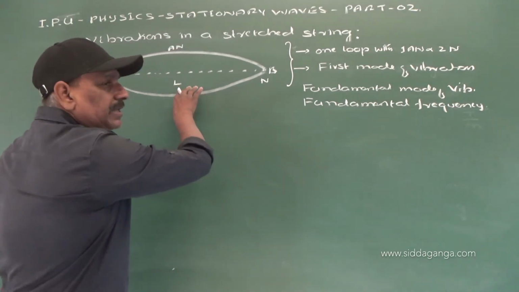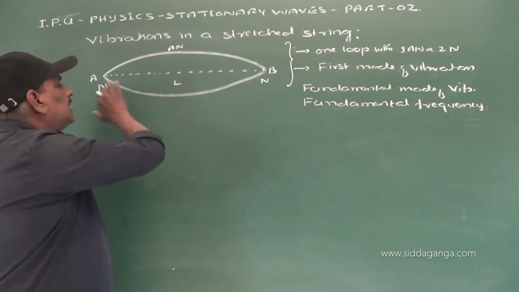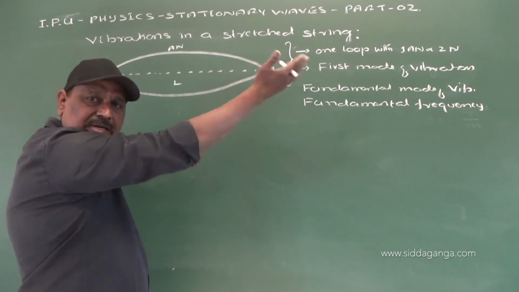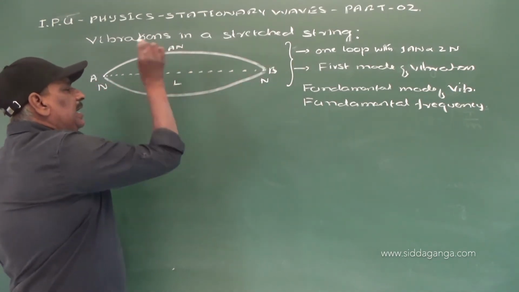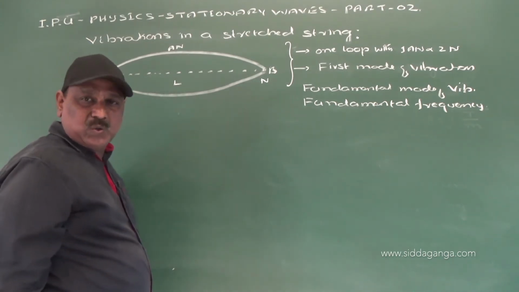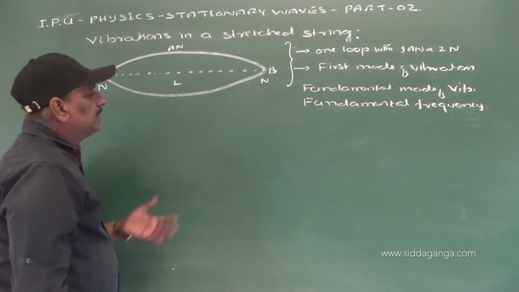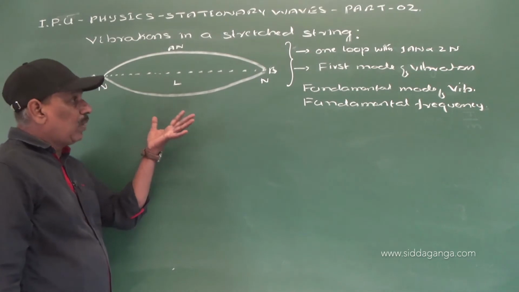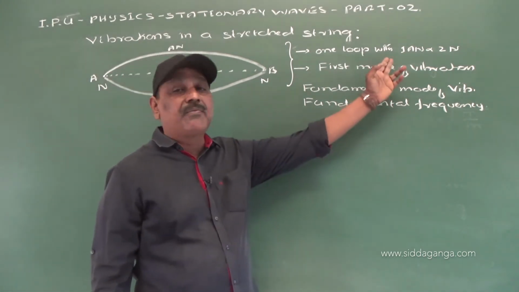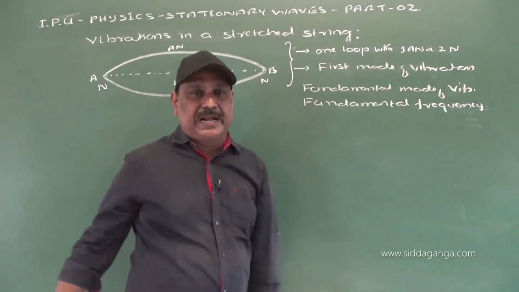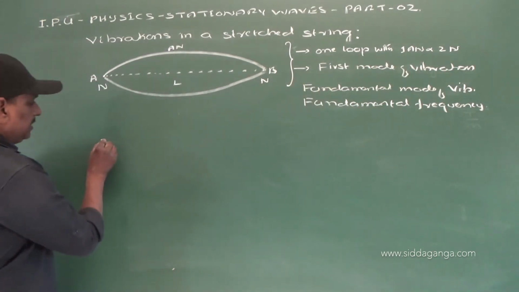Here the minimum number of nodes is 2, because at the two ends there are always two nodes, and one antinode is always formed between two nodes. Therefore, here the string is vibrating with one loop, with the minimum possible number of nodes and antinodes.